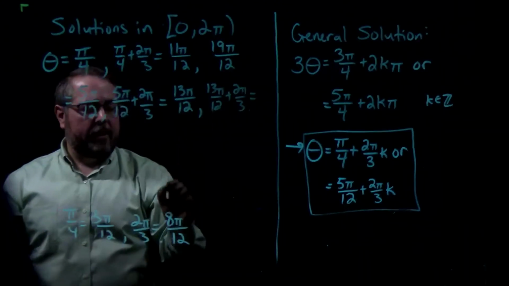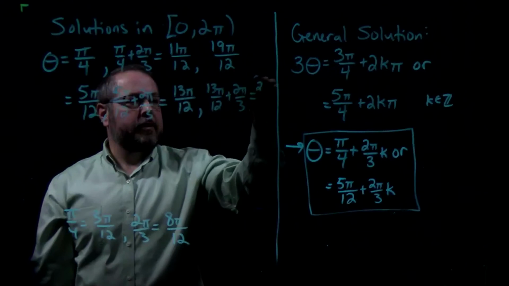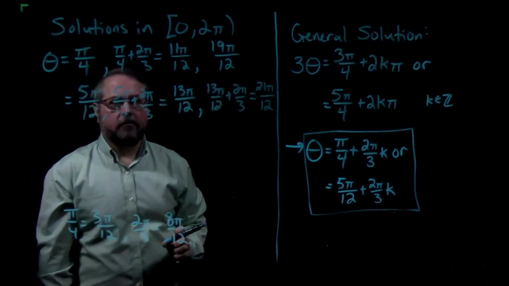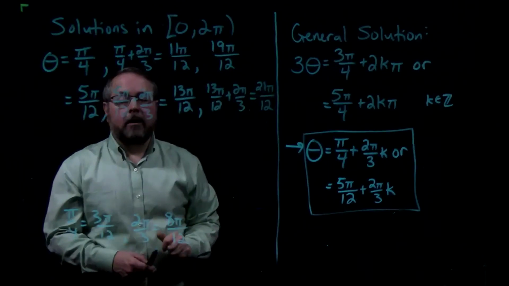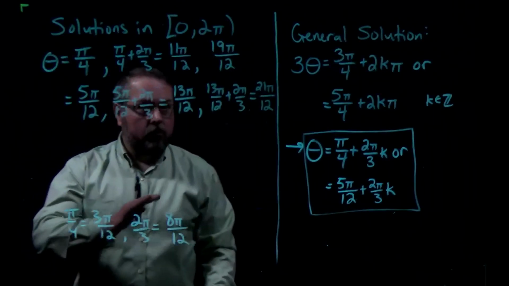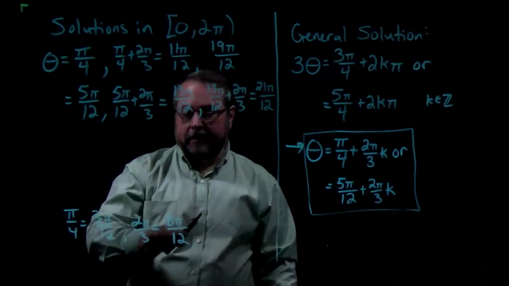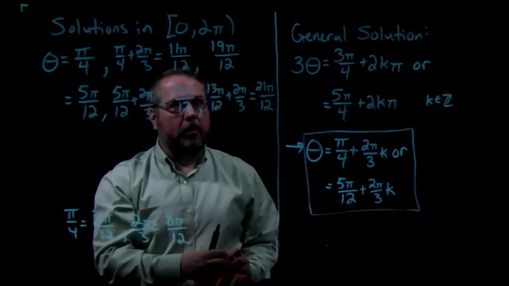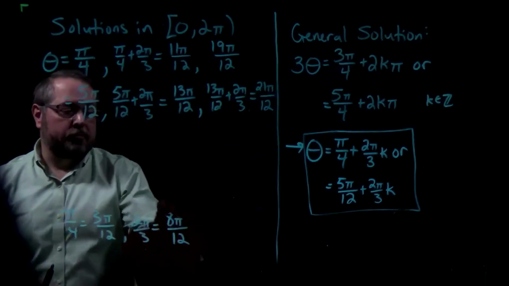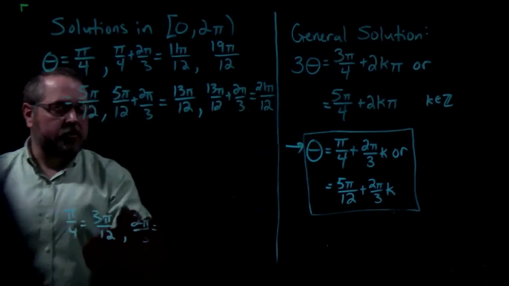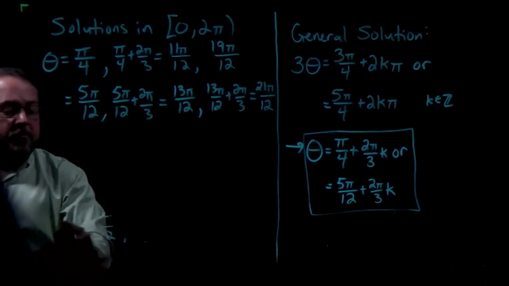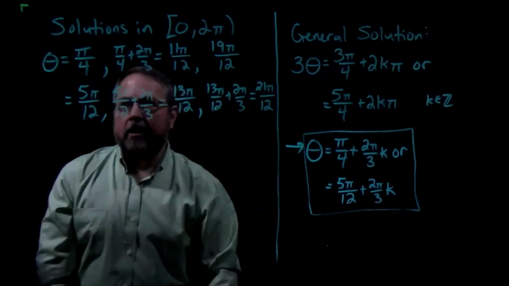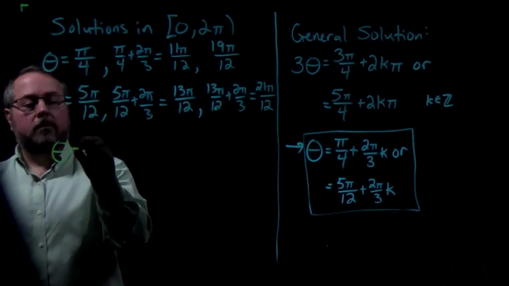That would be 13 pi over 12 plus 8 pi over 12 is 21 pi over 12. Okay, and then again, we can't go any further, because if we add another 2 pi over 3, that's going to take us to 29 pi over 12, which is bigger than 2 pi, because 2 pi is 24 pi over 12.